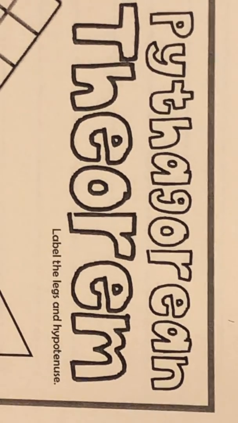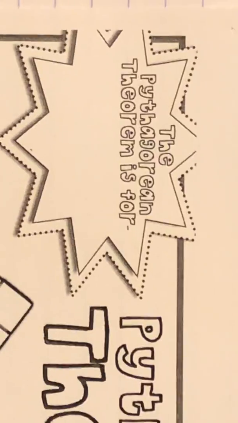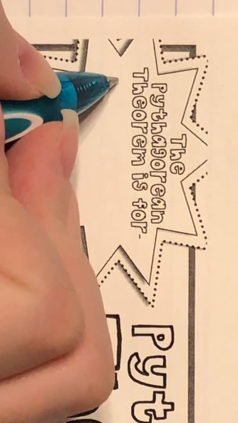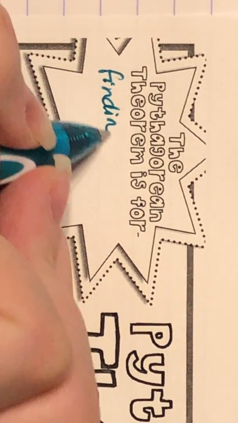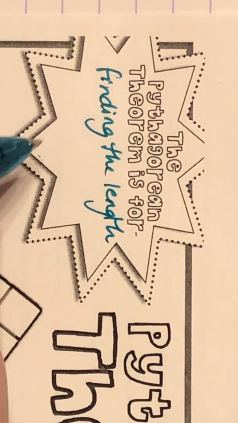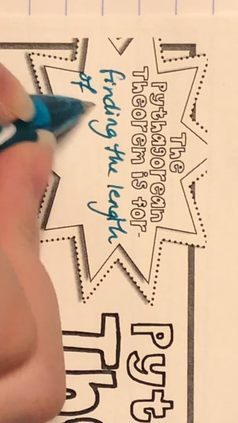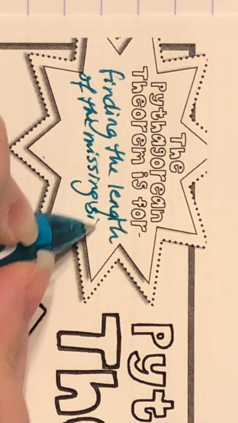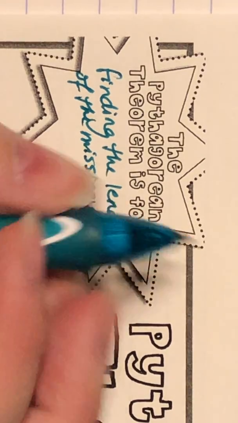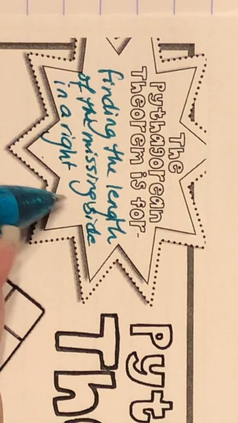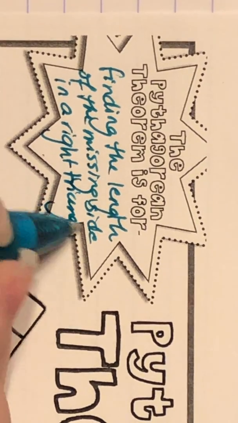All right, so the Pythagorean theorem is for finding the length of the missing side in a right triangle.